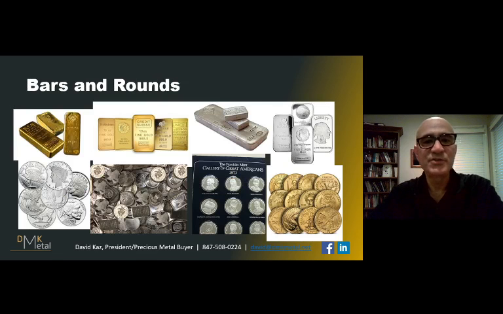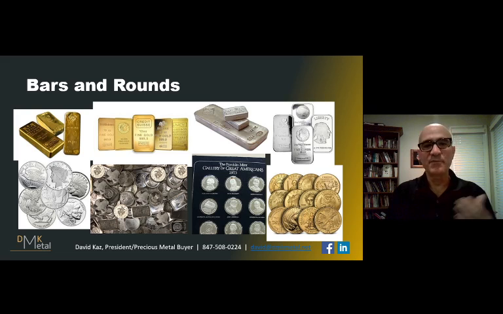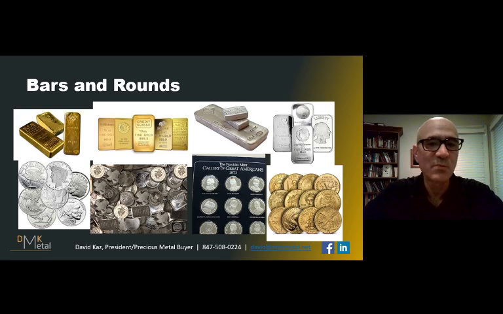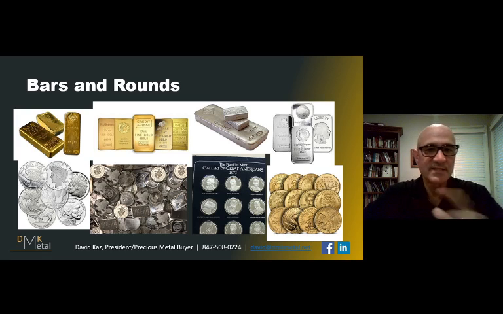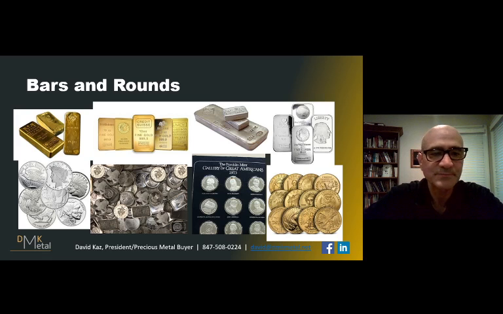In addition to minted coins, you might have what are called silver rounds, gold rounds, or bars. These items are created by different refineries and mints. With gold bars, you'll buy the 1 troy ounce, the 10, the 20, the 100, and the same with silver bars. You can see some examples of bars created by different refineries and mints.